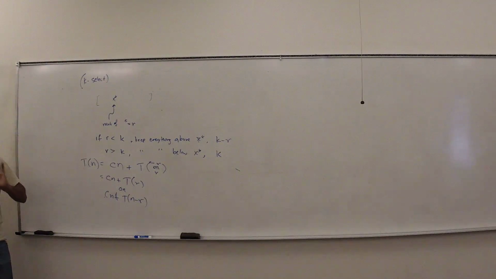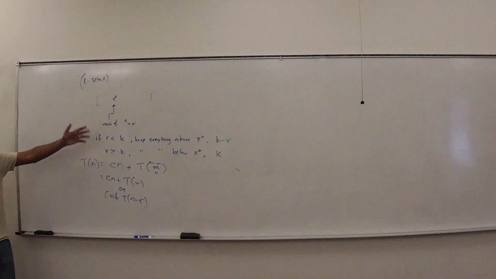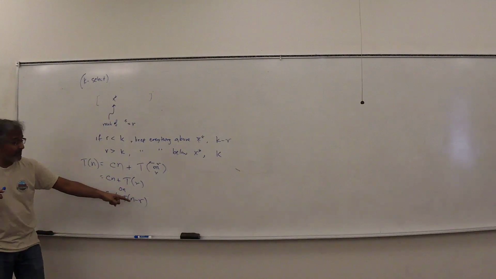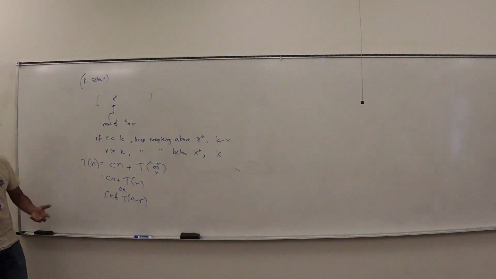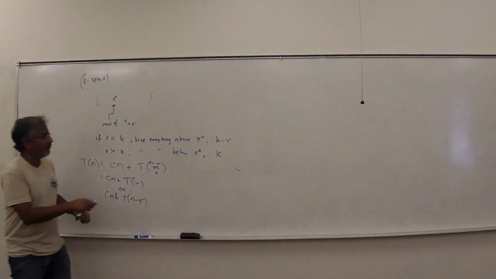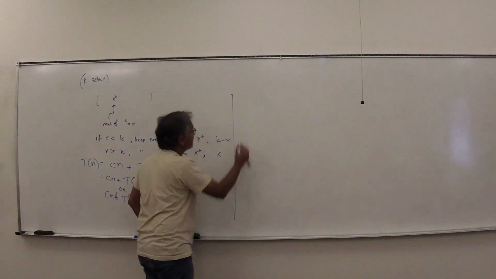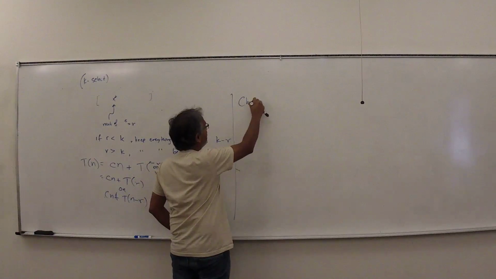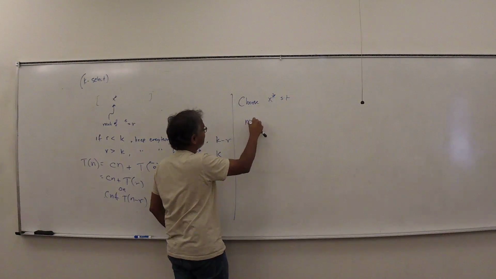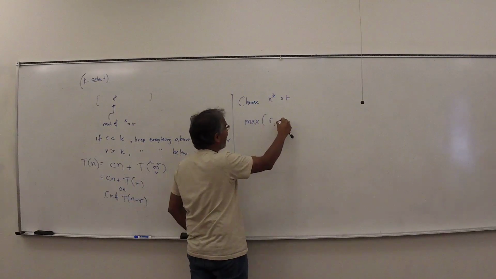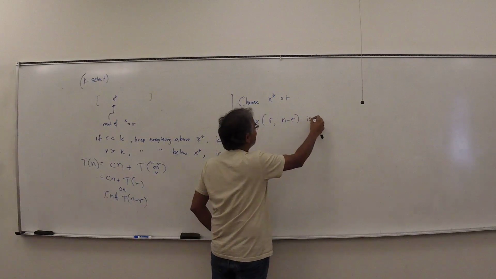We need to choose some magic value of x star so that the rank we get makes sure that whichever way we pick is small. In other words, we want to choose x. So this is the next goal. Choose x star such that the max value of r and n minus r is small.